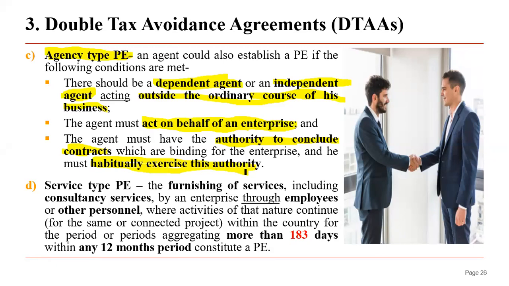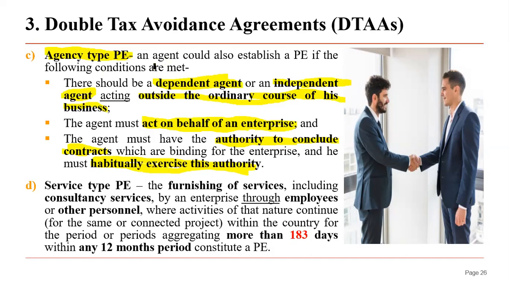And also they are engaging in contracts with the parent, and they will engage with customers and sign the contract on behalf of the principal. Then we can categorize them also as an agency type PE.